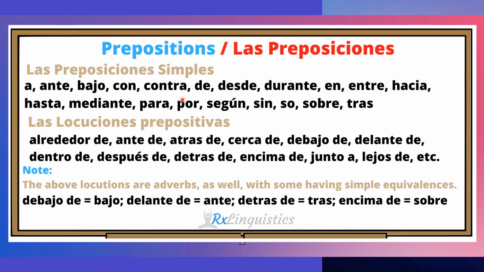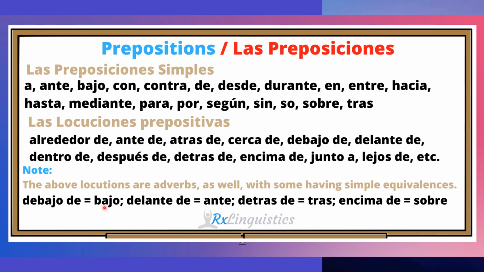Below that you have the simple forms. You write them down, and you write down the prepositional locutions. And here is something to help you. Debajo de, for instance, means bajo. So you don't need to use debajo de if you want to economize words.